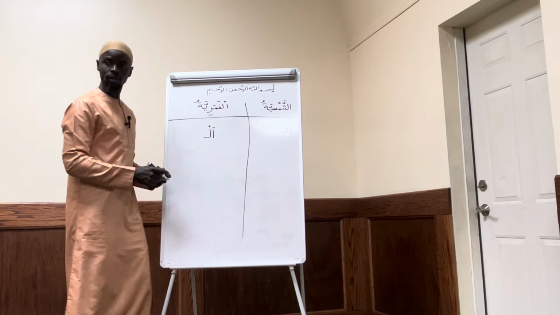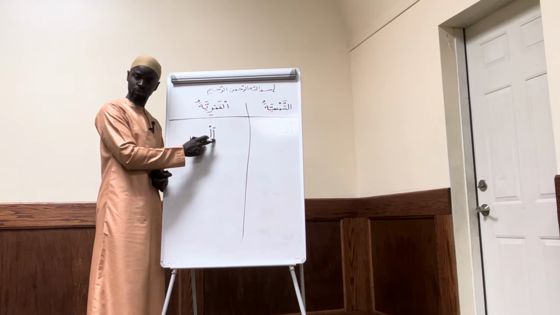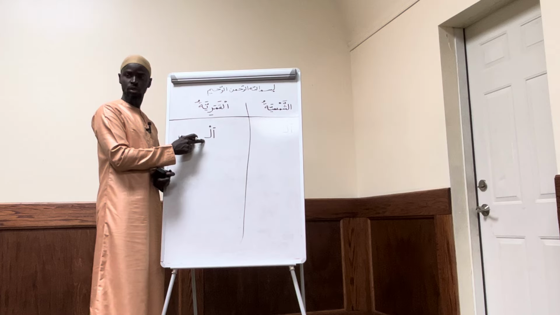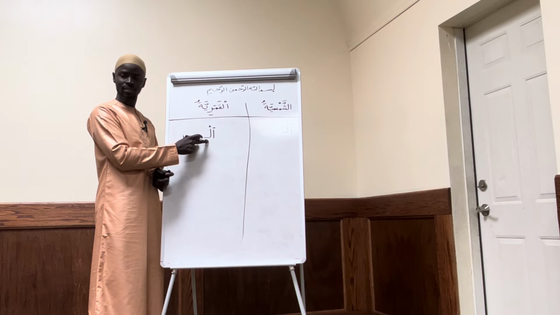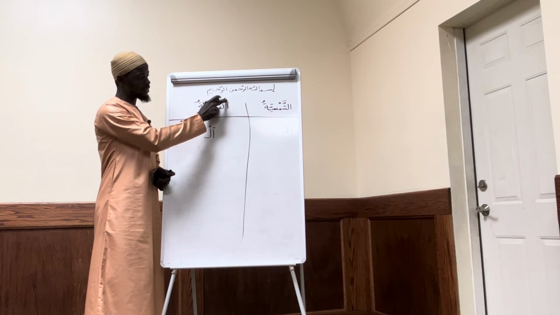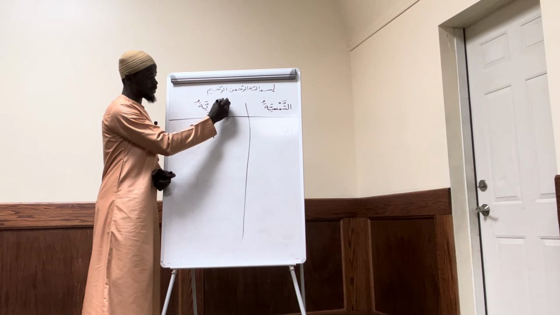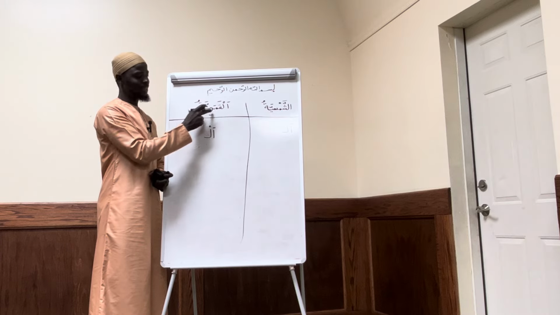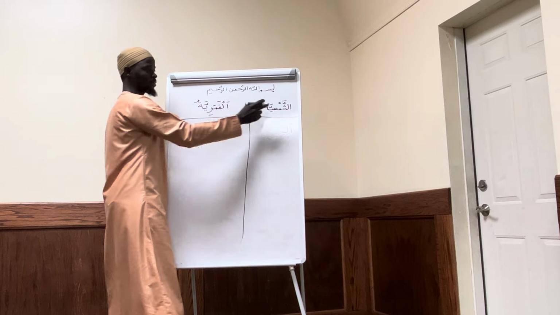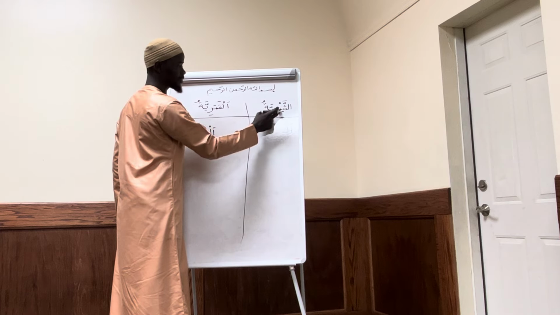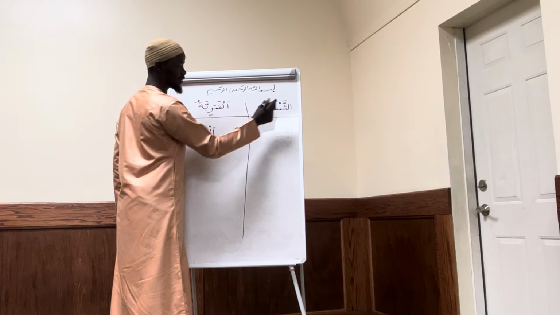The moon letter, you read the alif, and then you read the lam. That's why you say Al, Al Qamariya. But look at this: Ash, Ashamsiya. So you don't read the lam.